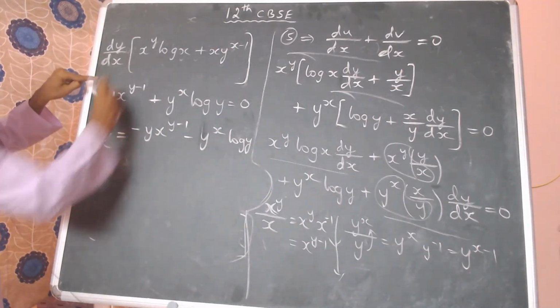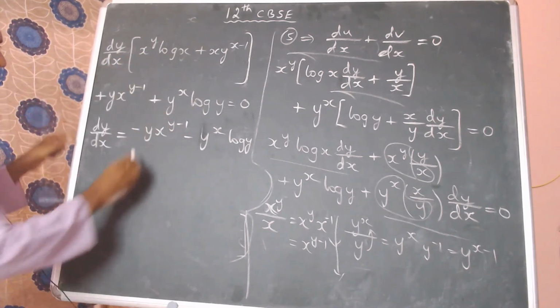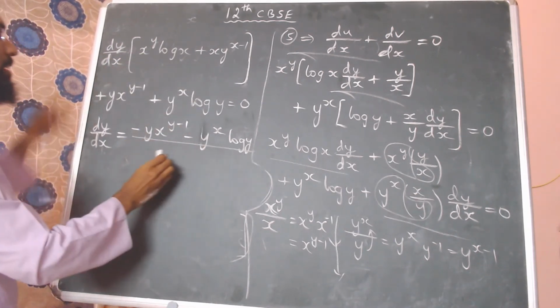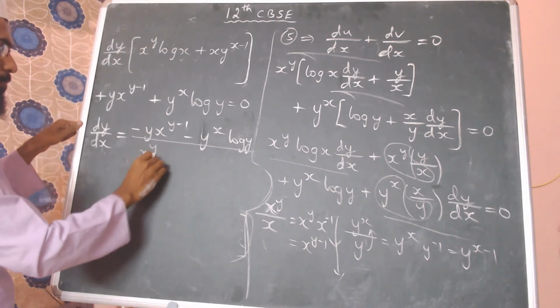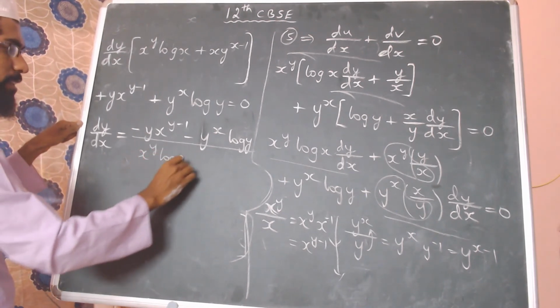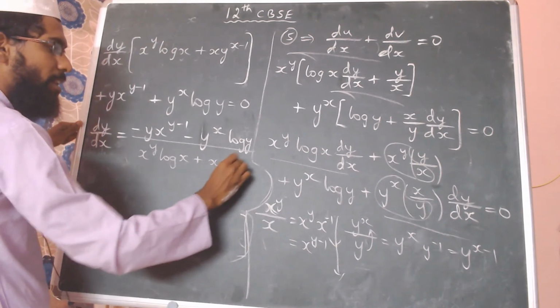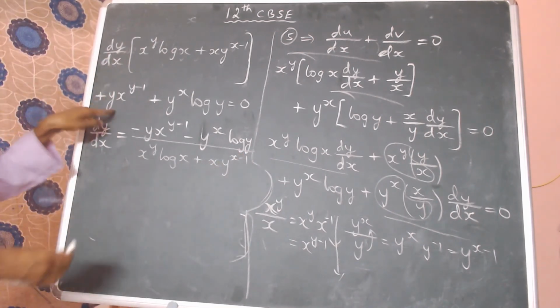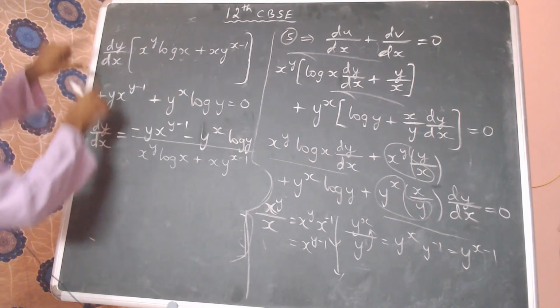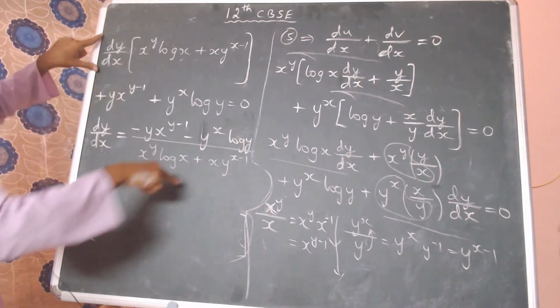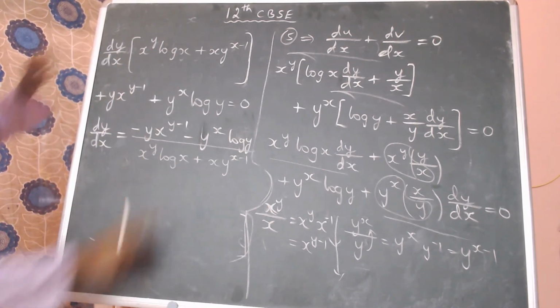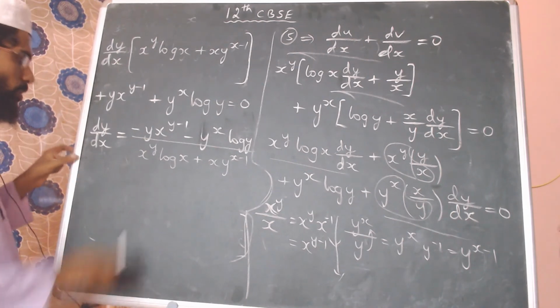And I take this term to the right hand side and bring this down. So I will be getting, divided by x power y log x plus x into y power x minus 1. What I have done is taken these two terms to the right hand side, and I have dy by dx into this, so let me bring this down. I will get x power y log x plus x into y power x minus 1. So this is my dy by dx.